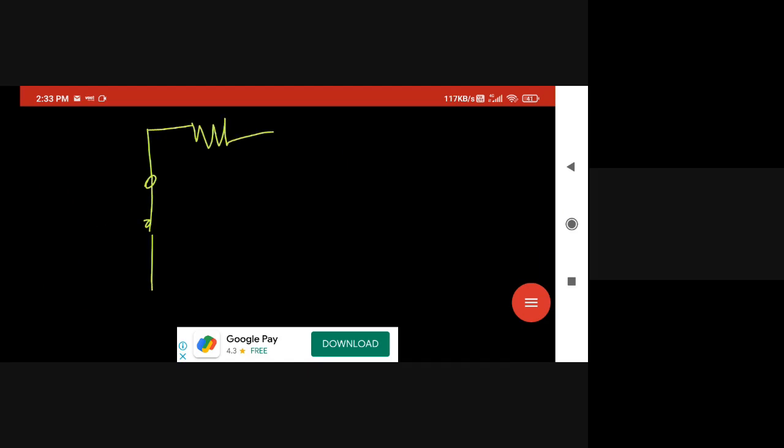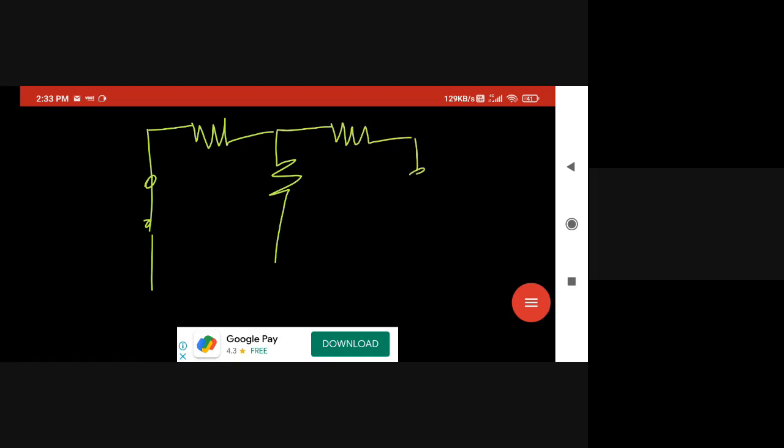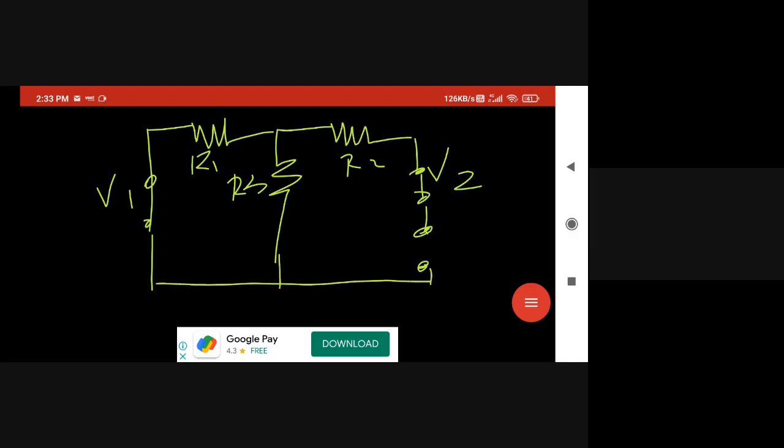This is our first resistance, this is our middle resistance, this is our third resistance, and this source is also shorted. The second source, this is V1, this is V2, this is R1, R2, R3, and the load resistance is to be opened. Remove the load resistance from the circuit, and between these points we get the value of RTH. So this is the theoretical aspect.